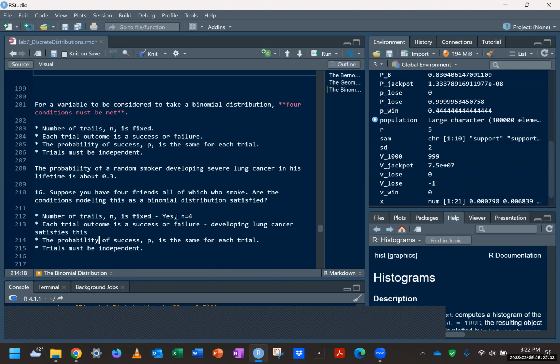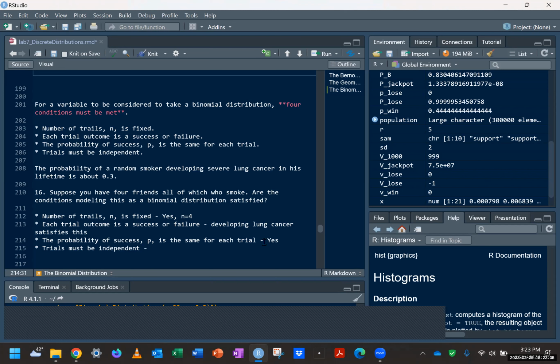Probability of success is the same? If we're considering this as a random sample from a group, yeah. If we're considering these people just from the population, we can assume it's the same probability. But let's see, are they independent? Well, not really, because the friends might have other habits that are linked, not just smoking.